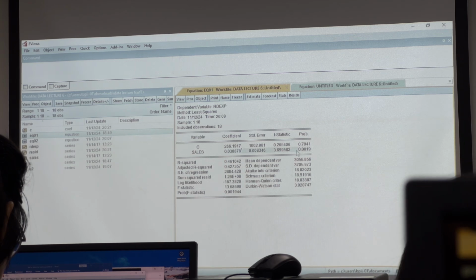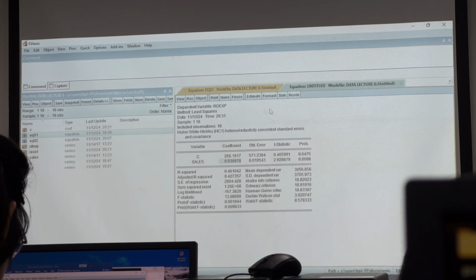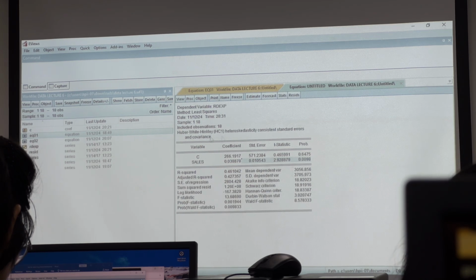But when we have a heteroscedasticity problem, we have a problem with the standard error. So by using robust standard error, it helps us to provide more reliable results. But this one we cannot actually use in real practice. You should not use it for a small sample. So we only have 18 observations.